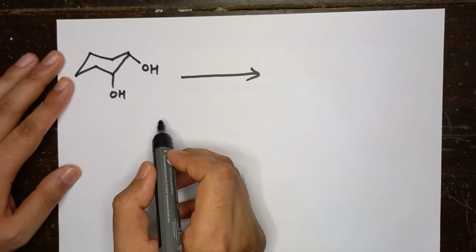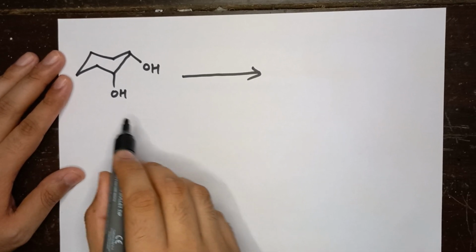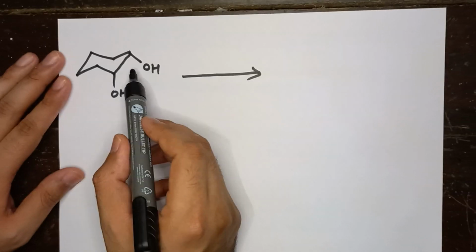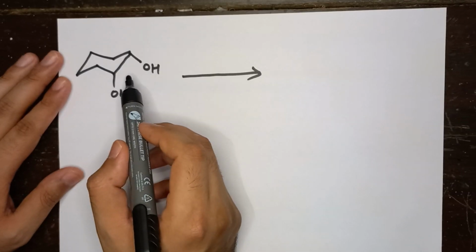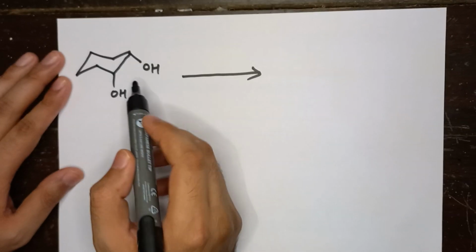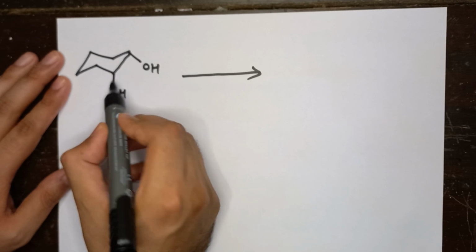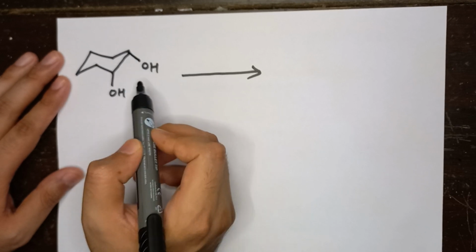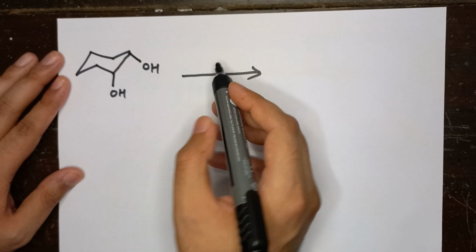So if I'm doing protection, first thing I have to ask myself: are these OH in the same direction? Well, they are. This is below the plane and this is below the plane. So I can protect this diol.